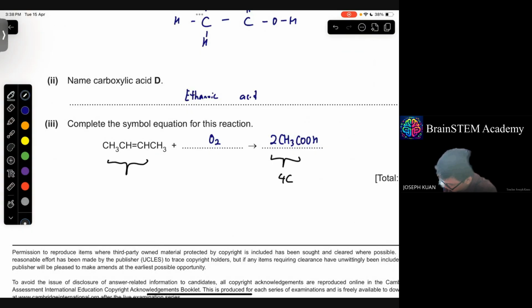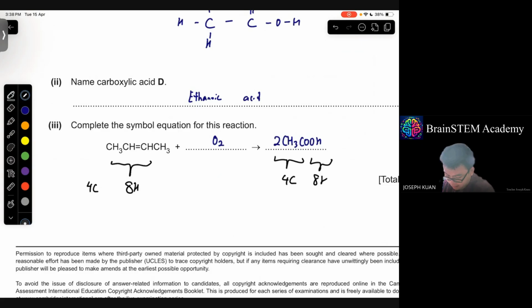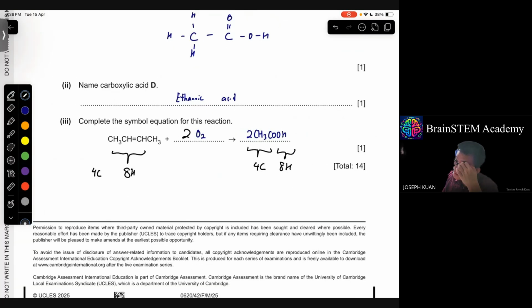And I believe hydrogen is balanced as well. There is 8 hydrogen on both sides. And then we count. There is a total of 4 oxygen on the right. So I put a 2 on the O2. And that's basically for this paper.